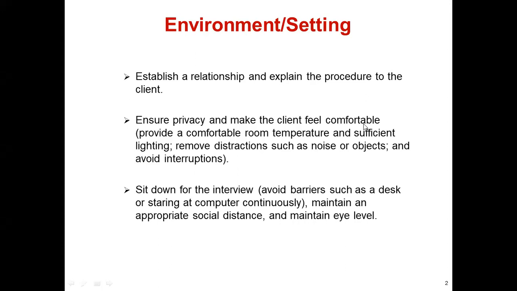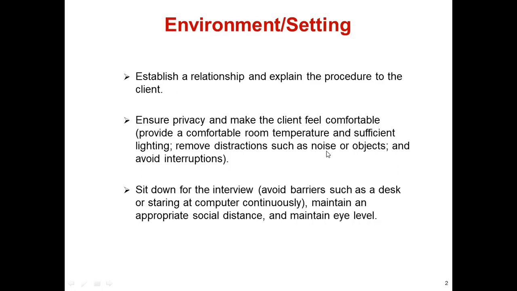Imagine you are going to check a patient for anemia or jaundice. If there is not enough light, you will not see whether the patient is anemic or icteric, jaundiced. Also remove all distractions such as noise or any objects, and also avoid interruption.